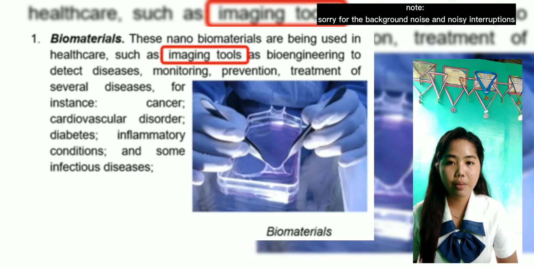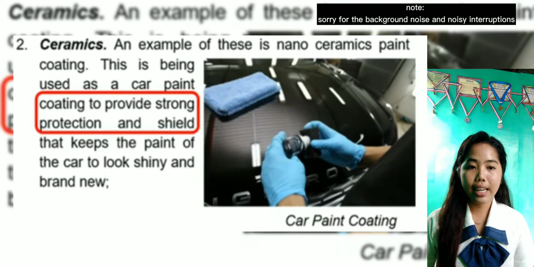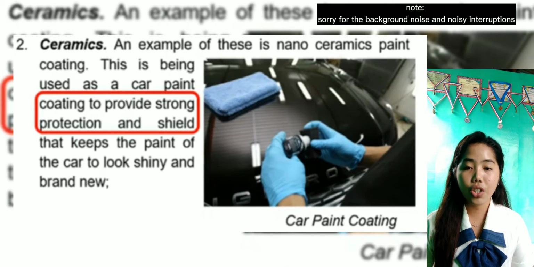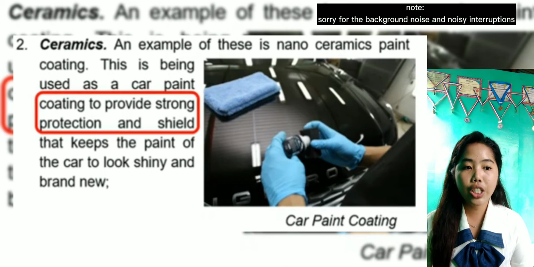Next in line is ceramics. Nanoceramics are a type of nanoparticle first discovered in the early 1980s. A good example of this is nanoceramic paint coating. This is being used in car paint coating to provide strong protection and shield to keep cars shiny and looking brand new.